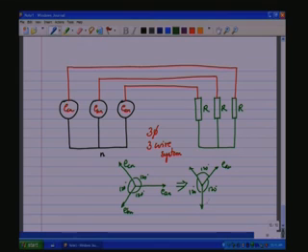So, you have EAN, EBN, ECN, or you can also write it in this form: EAN, EBN, ECN, all 120 degrees out of phase.